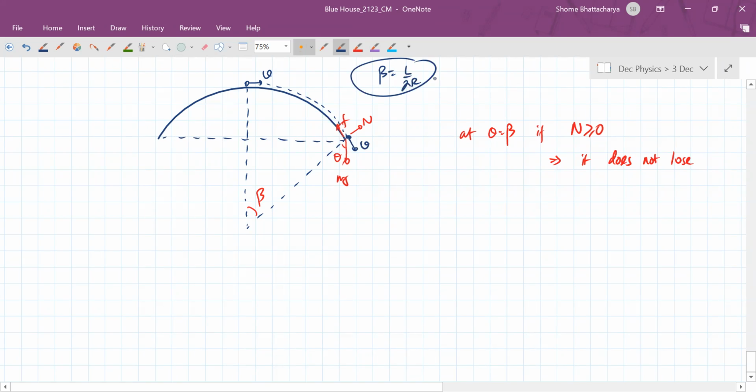A to B, where A is this point and B is this point.